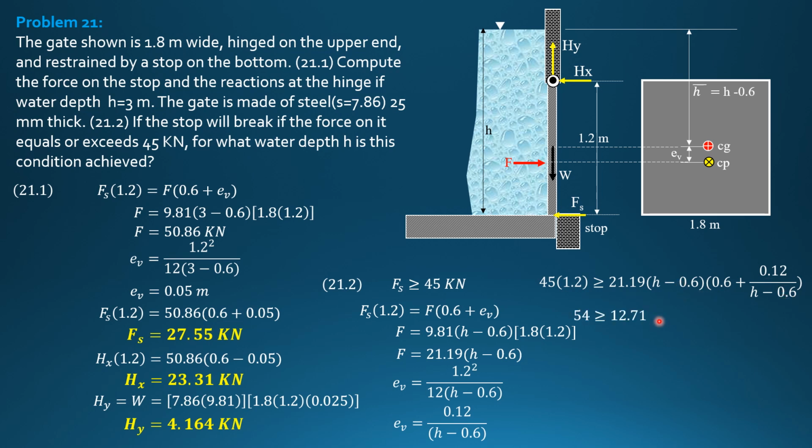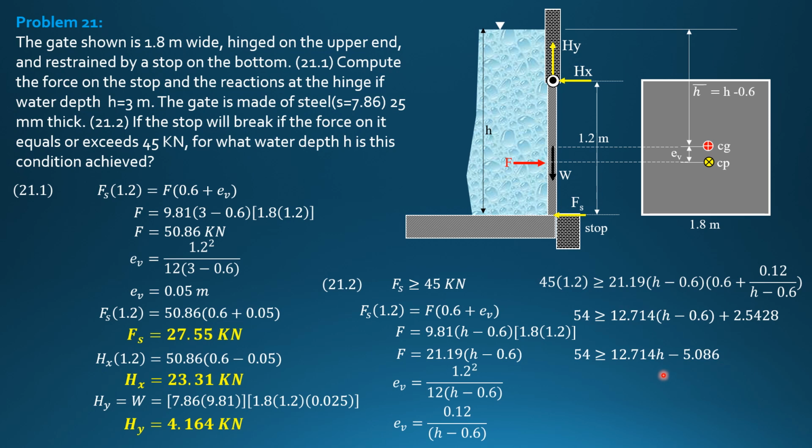So that's a whole number, that's a value. So 54 must be greater than 12.714 times quantity H minus 0.6, plus 21.19 times 0.12, which is 2.5428. Simplifying further the right side, 54 should be greater than or equal to 12.714H minus 5.086.